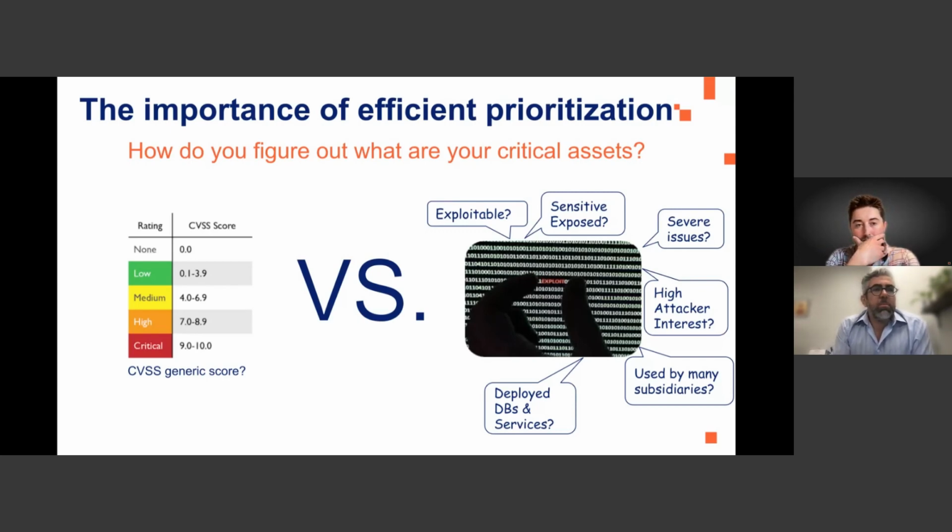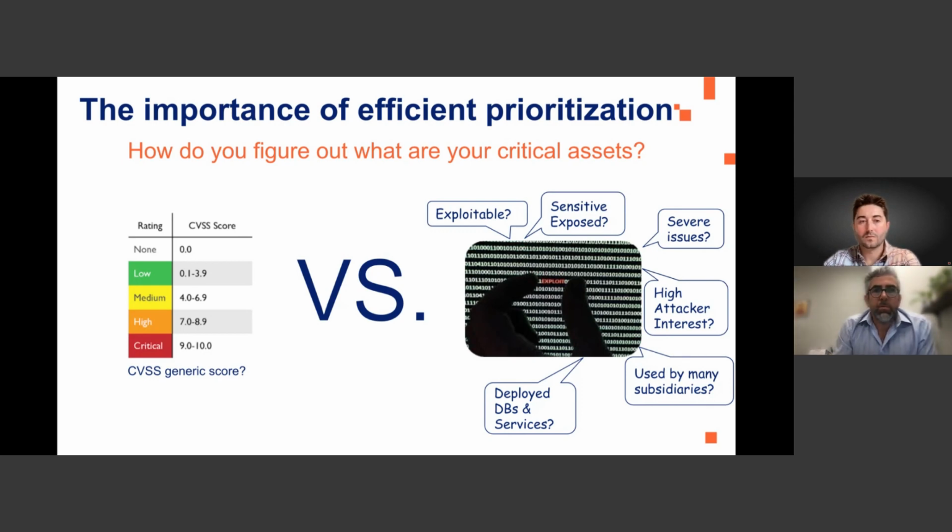It will give you more information about the exploitability of these vulnerabilities, and which of them are exposed to a real exploitation tool or exploitation plan by this or that gang. What is deployed on this asset? What is it used for? Is it a sensitive database or an important service for my organization? What sensitive data is exposed by files, by databases, maybe in a folder or something else?